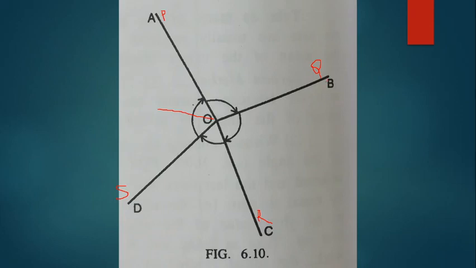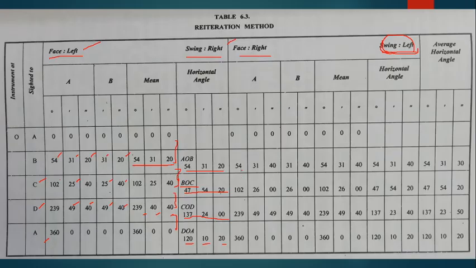Once it is bisected, we are ready, and we can read both verniers and record the same in tabular form. Let us say the readings are 54 degrees 31 minutes and 40 seconds on vernier A, and 31 minutes 40 seconds on vernier B. Therefore the average angle you will get for the first instance.